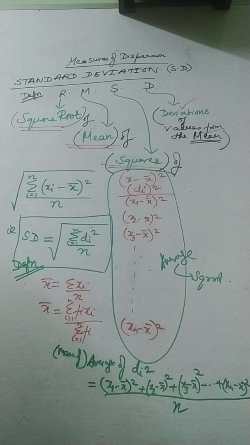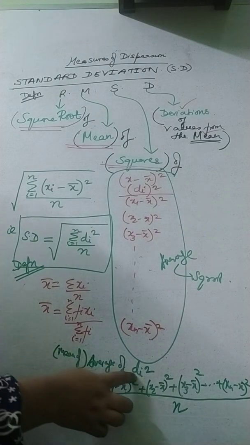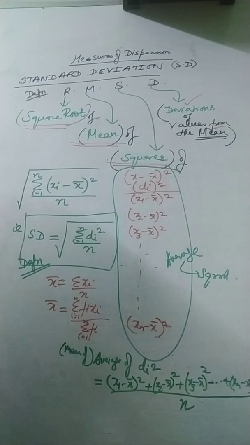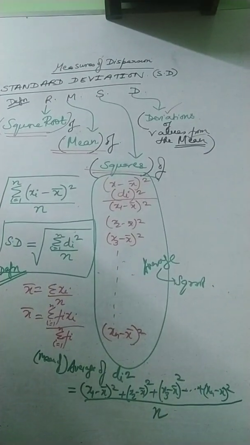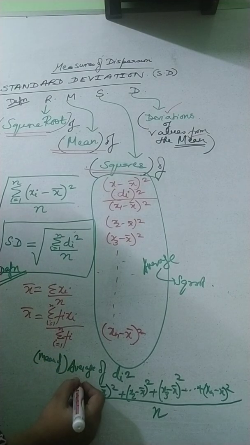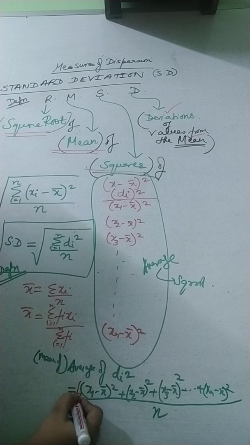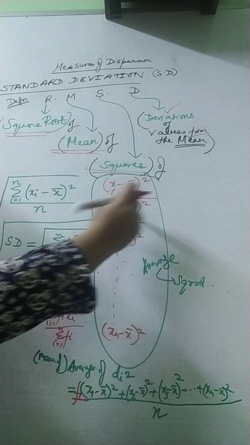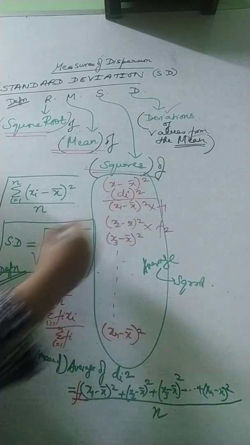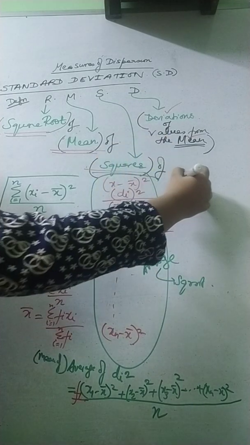Okay, so when I'm taking the average of di squares, if frequencies are associated, what will we do? Then here I will have f1 into x1 minus x bar whole square. That means each of these will get multiplied by the corresponding frequencies. That means you will have a frequency column in the given data.